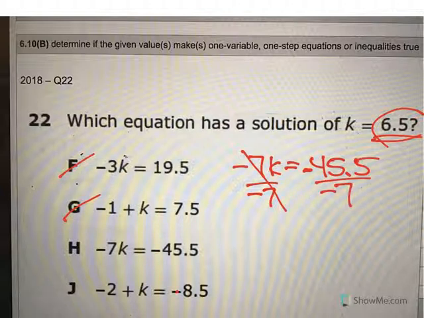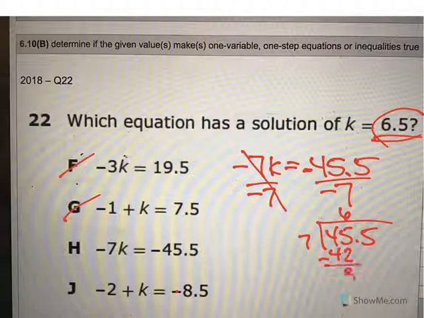I know a negative divided by a negative is a positive. So let's see what 45 divided by 7 is. 6 is 42, 3, decimal, bring down the 5. Oh my gosh, it is, in fact, 6.5.